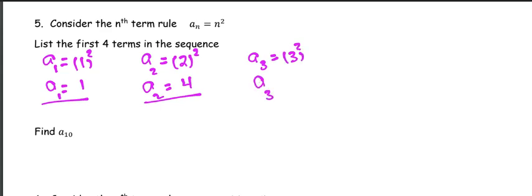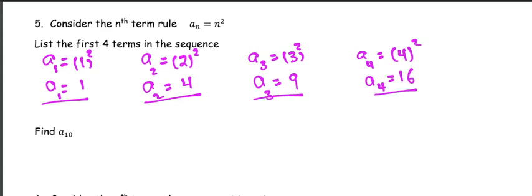That means that the third term is 3 squared, which is 9. The fourth term is going to be switching n with 4. When I switch n with 4, I end up with 4 squared, which is 16. So the first 4 terms of the sequence are 1, 4, 9, and 16.